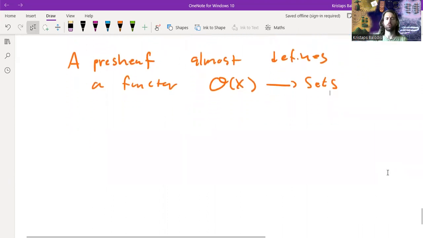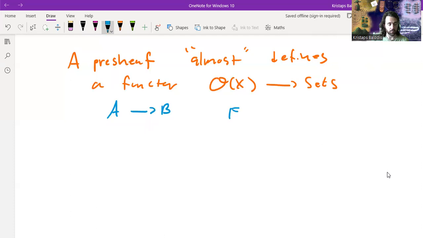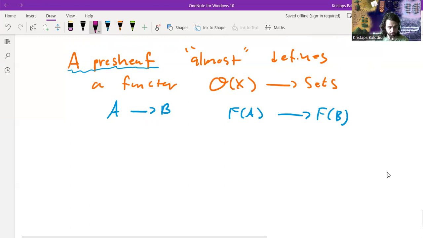But why do I say almost defines a functor? What does that mean? Well, remember that it has to respect arrow composition, right? If I have A to B, then my functor has to give me a map from f of A to f of B. And if I start trying to show you that a presheaf is a functor, why should we even believe this in the first place?